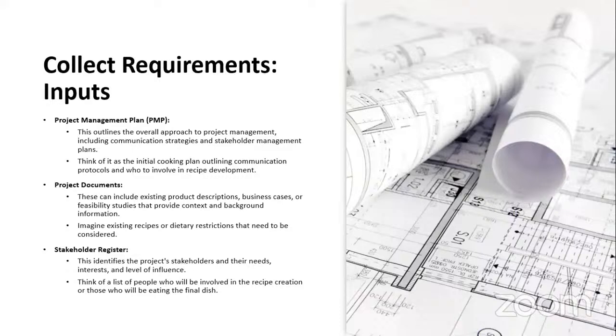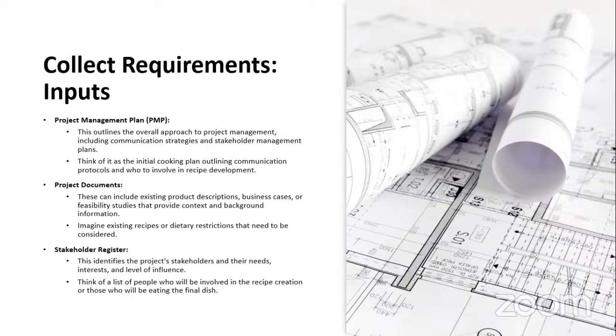Now, what are the inputs in collecting requirements? Number one, you need the project management plan. With the project management plan, it is easier to search out inputs, and easier to look out for whether the requirements will be met or not.